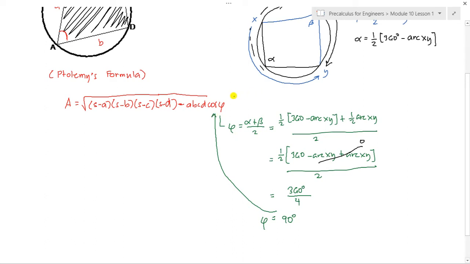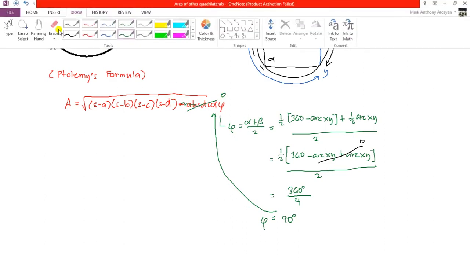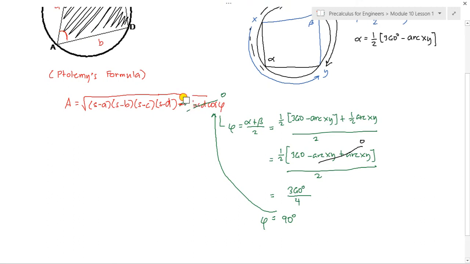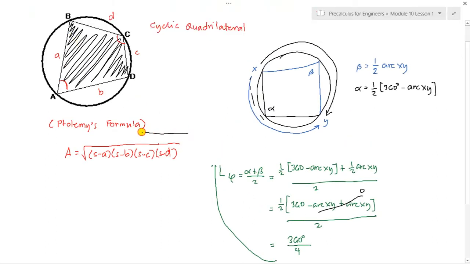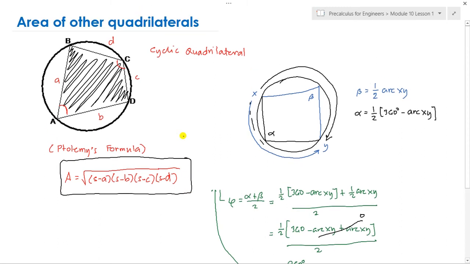So therefore, if this is 0, kani siya nga entire term is 0. So that's why we only have this. So mao ni ang kanto-limi nga formula. Kanina siya may naa, wala na siya. For a cyclic quadrilateral, mao na ang general formula. So kanila class, mao ra ni inyo hinumduman.